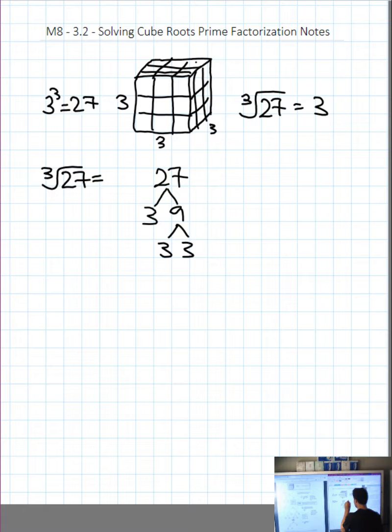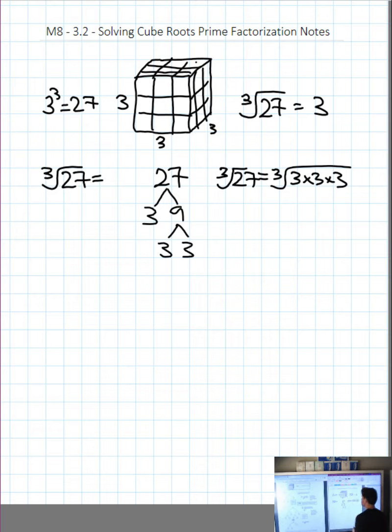And then we'll write the cube root of 27 equal to the cube root of 3 times 3 times 3. Now, 3 identical numbers underneath a cube root is just equal to that number.